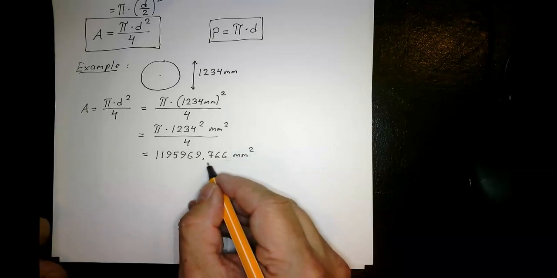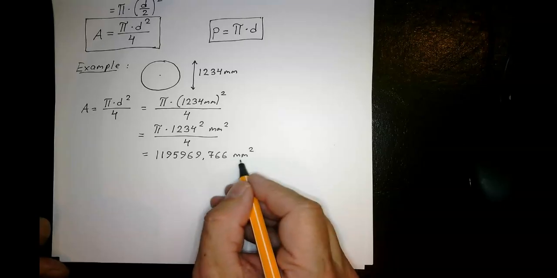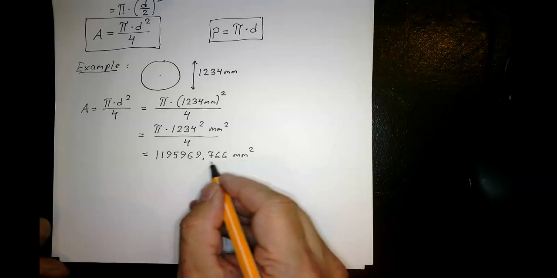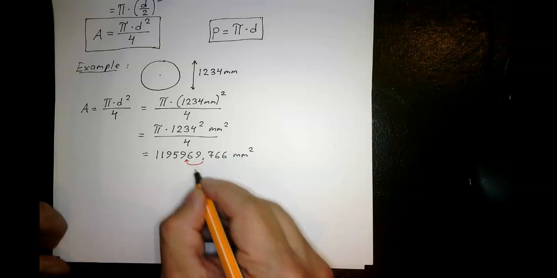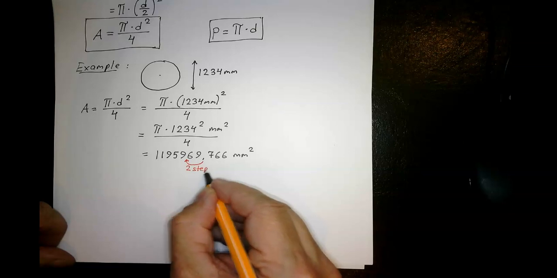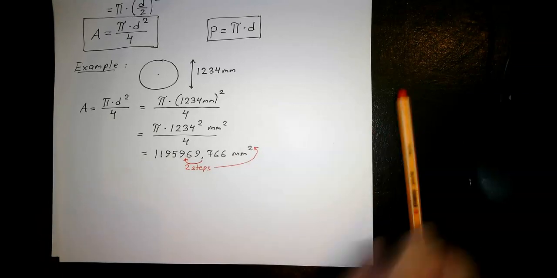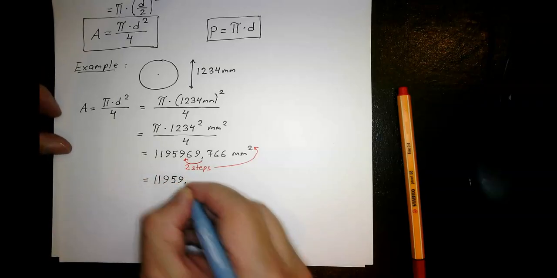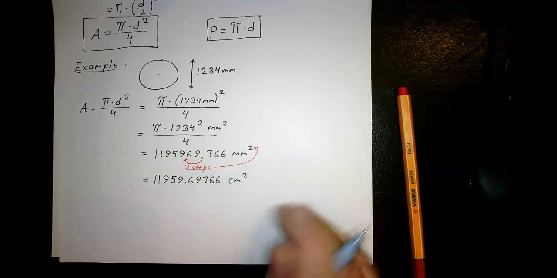So that means that every time we are converting this unit to the next level, in this case square centimeters, we have to move the dot 2 steps.